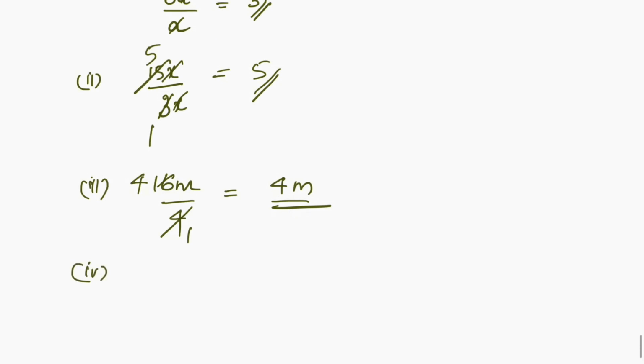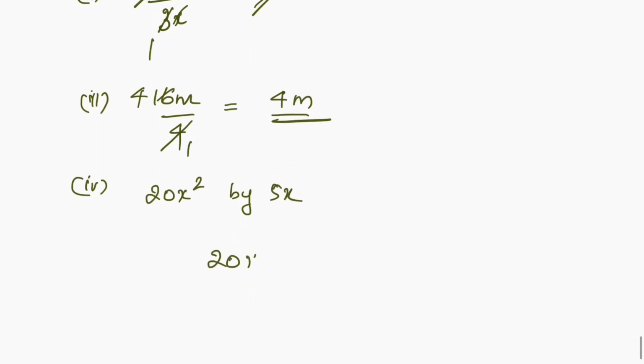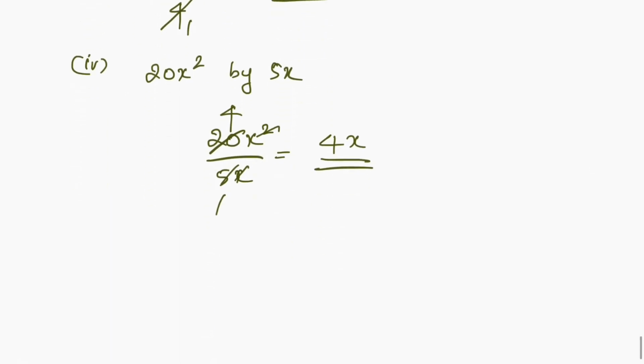Fourth question, we have 20x square by 5x. X goes 1 time, 2 times. 5 fours are 20, so you'll get 4x as the answer. Fifth question, we have 30p square by 10p square.